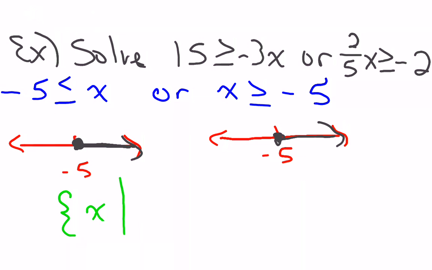We put a line there, and then we tell what about this variable. So x is greater than or equal to -5. And then we close our curly brackets. This is just a different way to show the answer. It's saying x such that x is greater than or equal to -5 is our solution to this compound inequality.